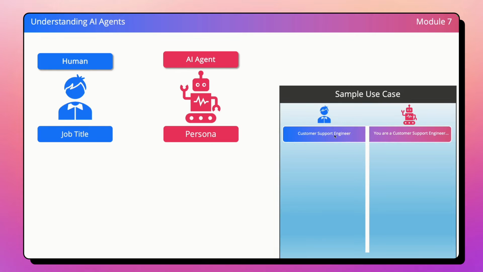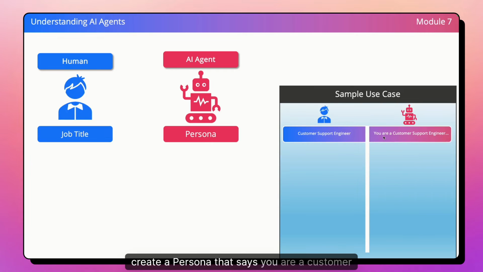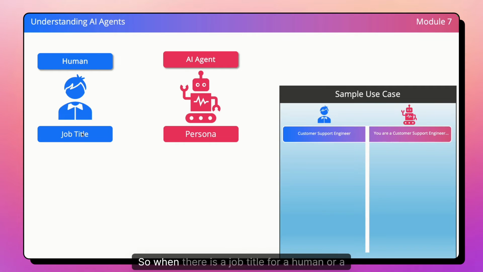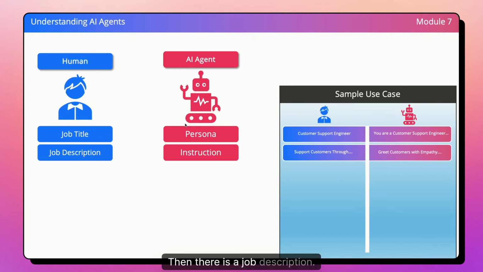Whereas when you are defining an AI agent, you will create a persona that says you are a customer support engineer tasked to perform a specific action. So when there is a job title for a human or a knowledge worker, it typically maps to a persona of the agent.